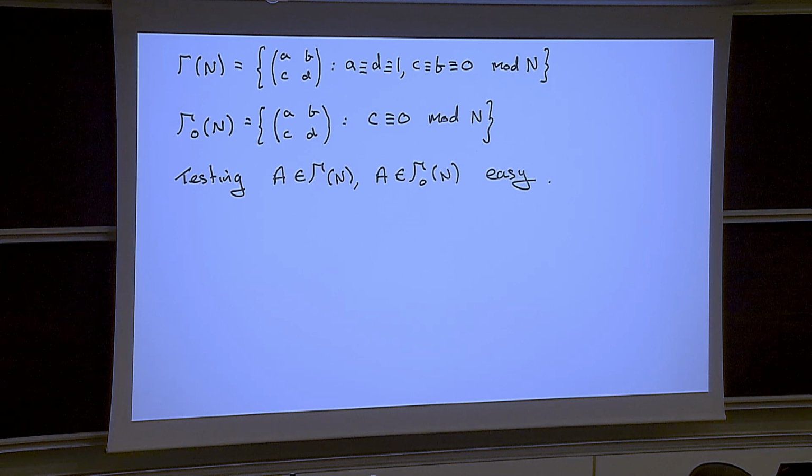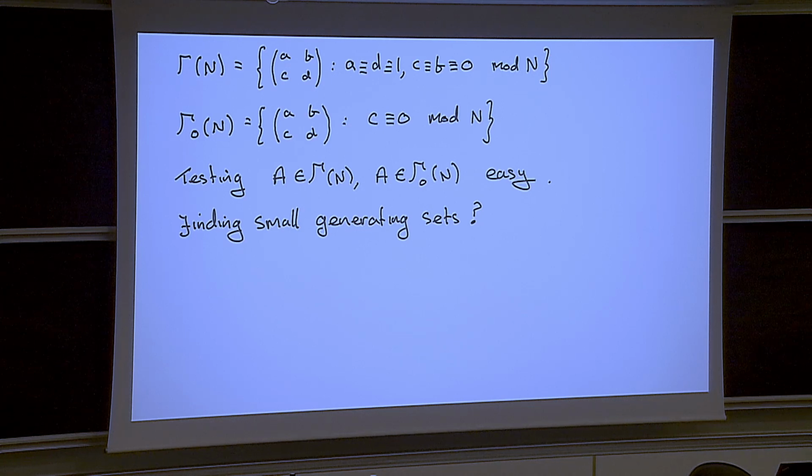So in this setup, it's straightforward to represent these matrices on a computer and to test if you have a matrix, is it a member of the group Gamma_N or Gamma_0(N)? That's just a straightforward test, so there's nothing much to do there. If you want to work with groups, you need generators, and there are various ways to calculate generators for groups.